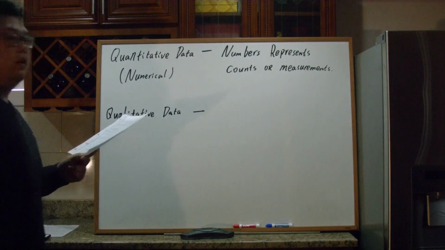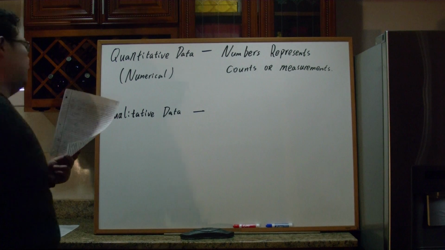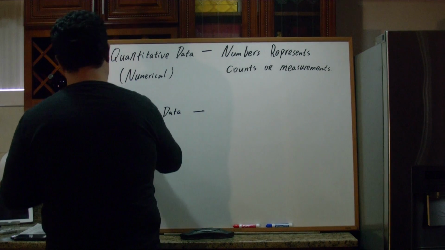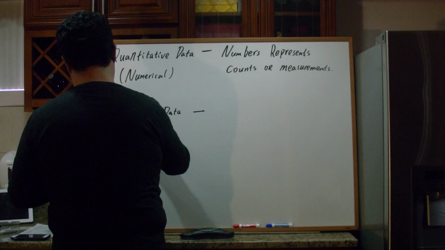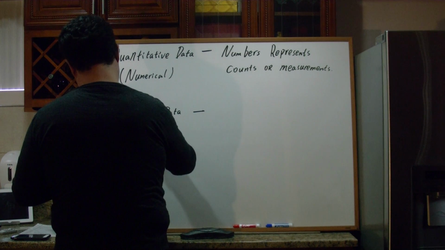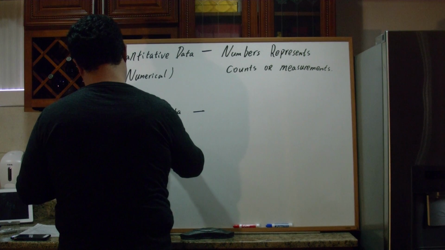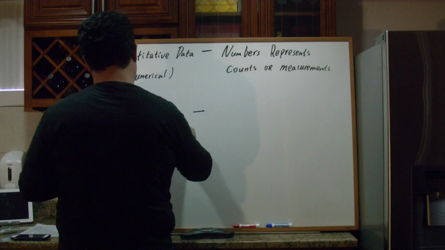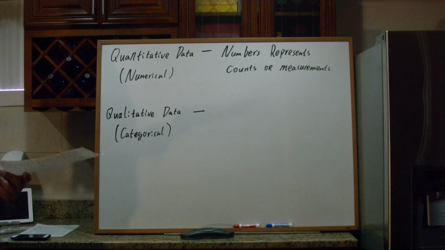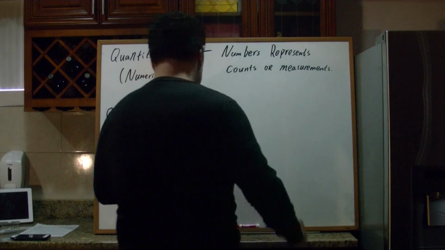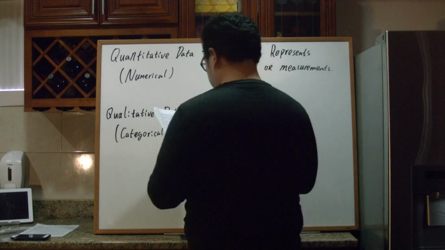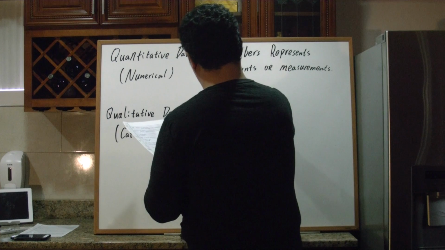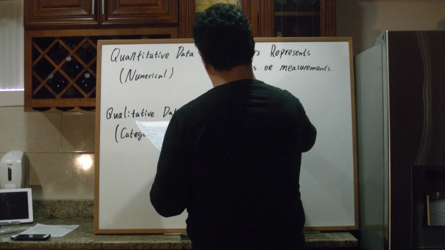represents quality, called qualitative data, in other words, categories, or categorical data. It could still be numbers.